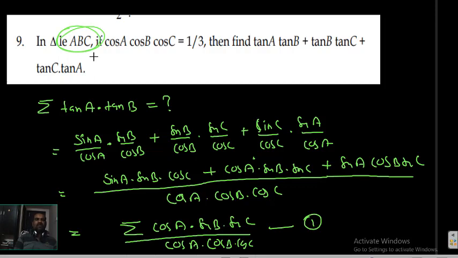Okay. So in a triangle ABC, given that A plus B plus C equal to pi. Okay. So cos of A plus B plus C formula, what Nana?